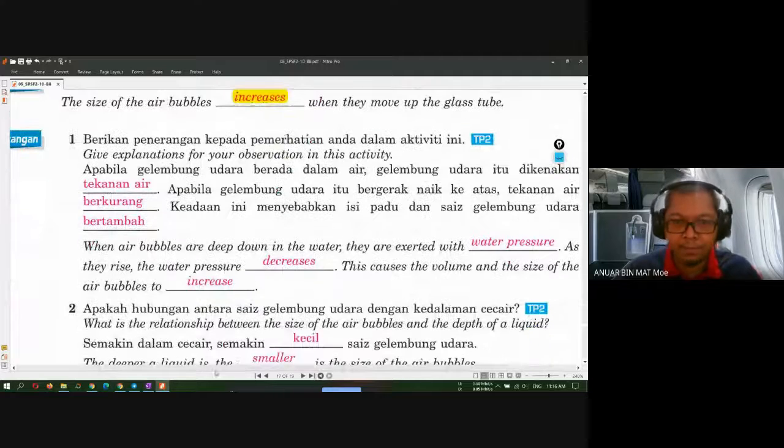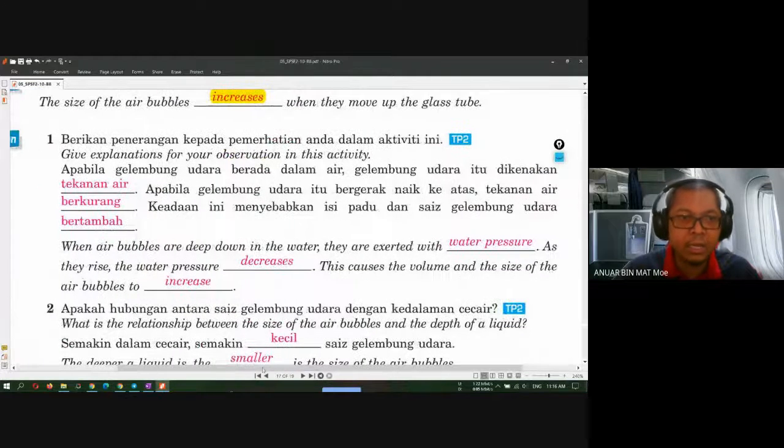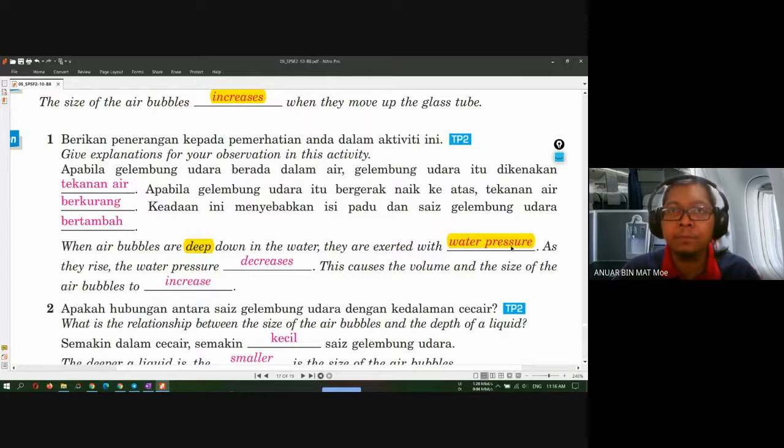Discussion, what happened here in the discussion? When air bubbles are deep down in the water, they are exerted with water pressure. Okay, as they rise, the water pressure decreases, and this causes the volume and the size of the bubble to increase. Do you understand this? Just the same thing that I explained just now.